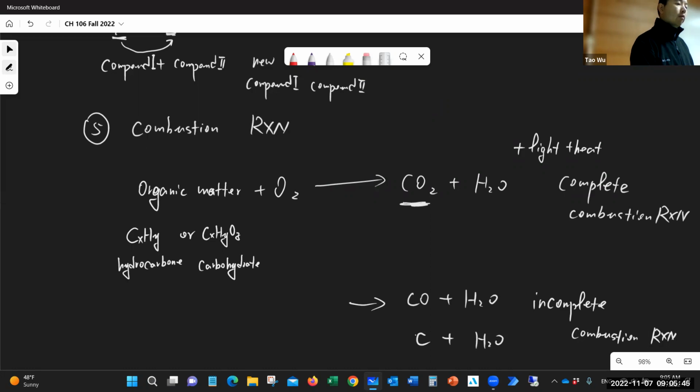If the product generates CO or carbon, then that's an incomplete combustion reaction. So normally this is what we learned for the whole unit 3.